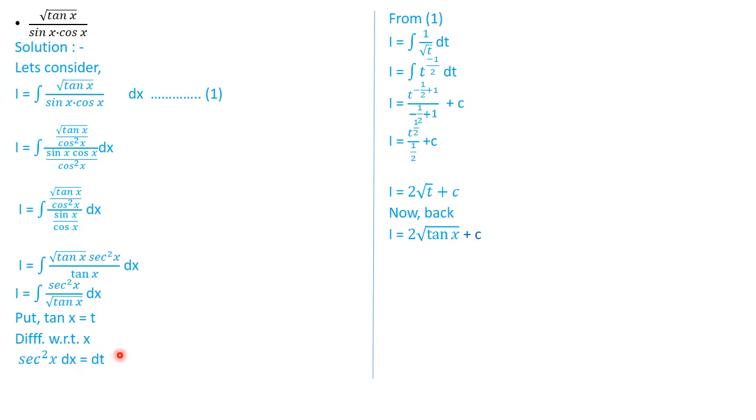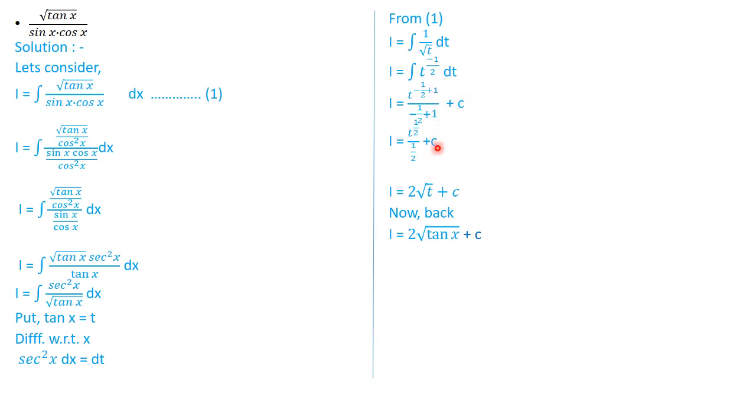Therefore, this I, sec square x dx is equal to dt, and root tan x becomes root t. Now this root t can be written as t raised to half, and taking its inverse t raised to minus half. After integration, integration of t raised to minus half, power gets increased by 1, t raised to minus half plus 1 by minus half plus 1.